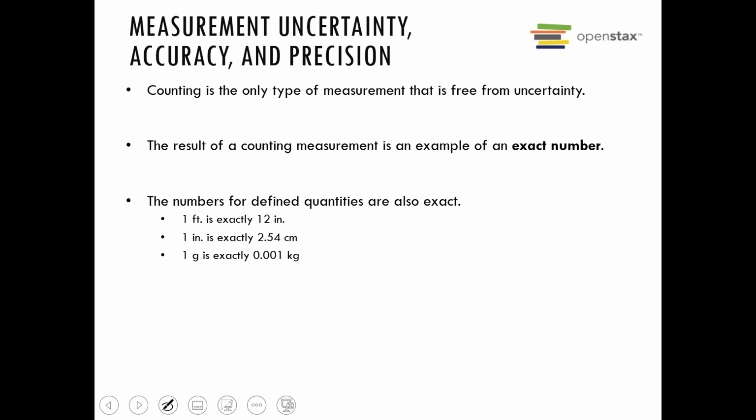Now, counting is the only type of measurement that is free from uncertainty. Like we said, when we're using a ruler to measure, there is some uncertainty to that. But counting is exact. Like if I had 5 quarters and I'm going to count those quarters, there's no uncertainty to that.